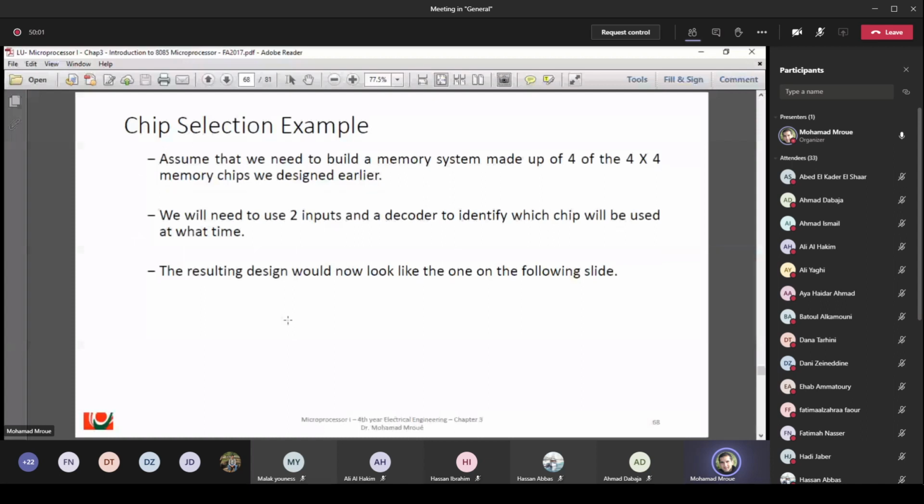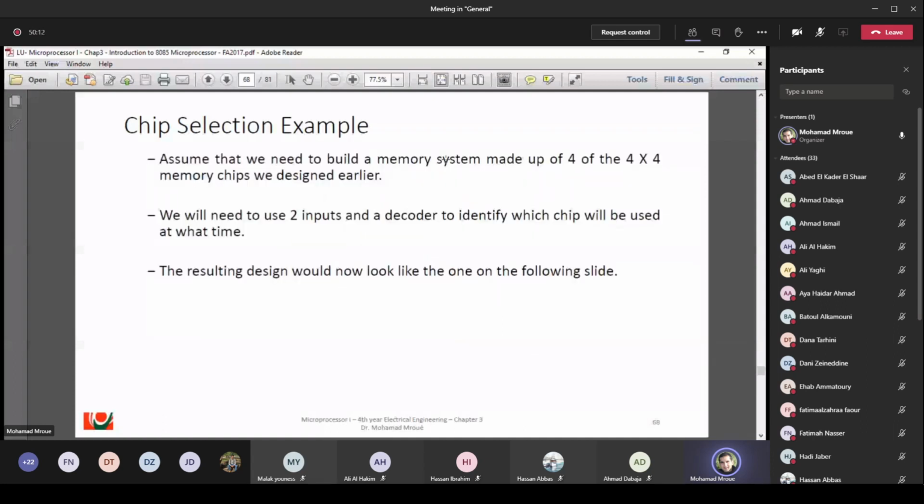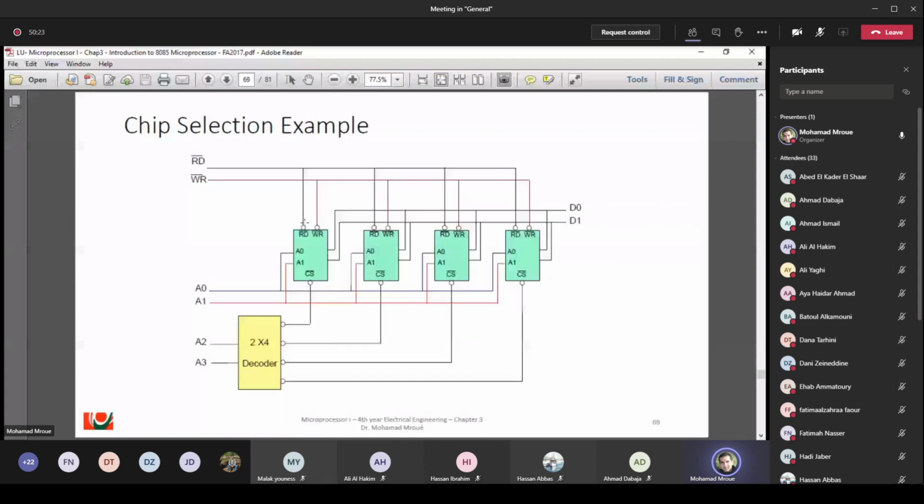The resulting design would look like the one on the following slide. Here we want to use 4 memories, and we determine how to select the memories. The selection is done by a 2 to 4 decoder. For example, here the address is on 4 bits.